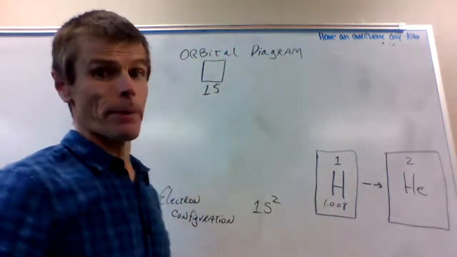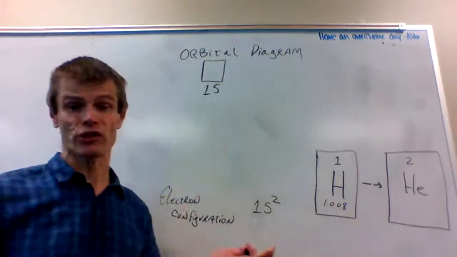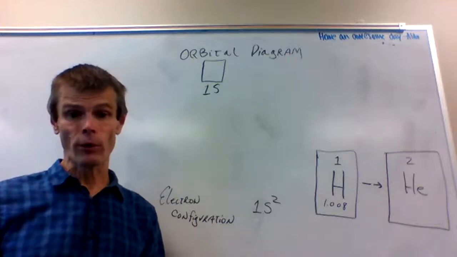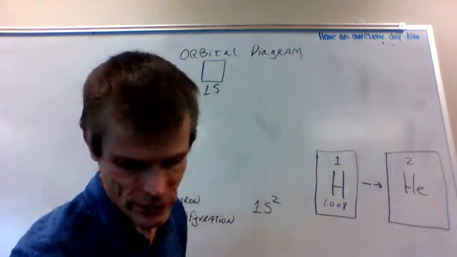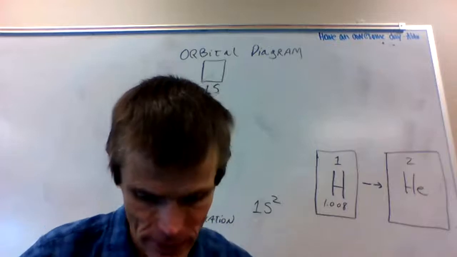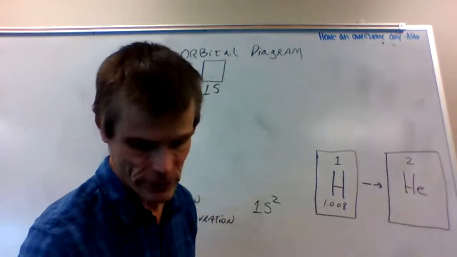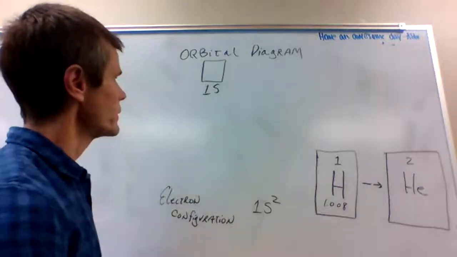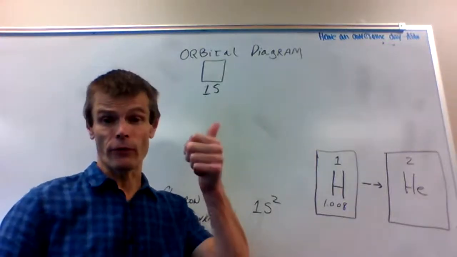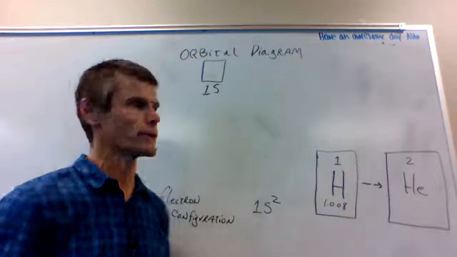And now we have to think about how electrons are arranged in an orbital. Each orbital can only have 2 electrons. And each electron needs to have a unique set of 4 quantum numbers.